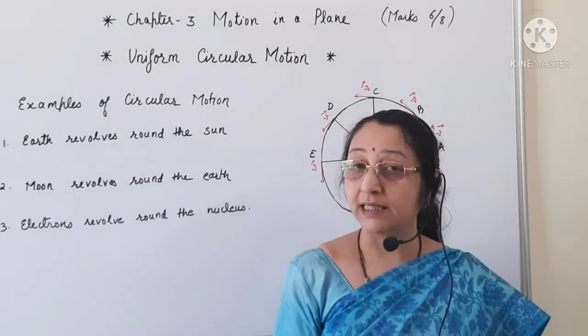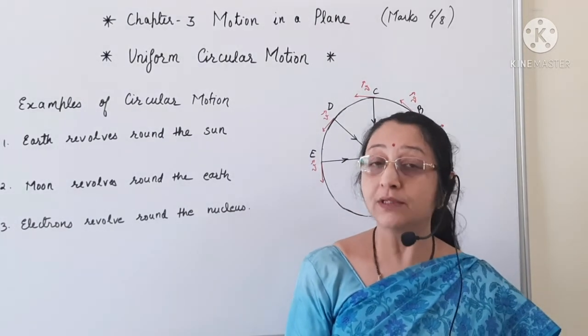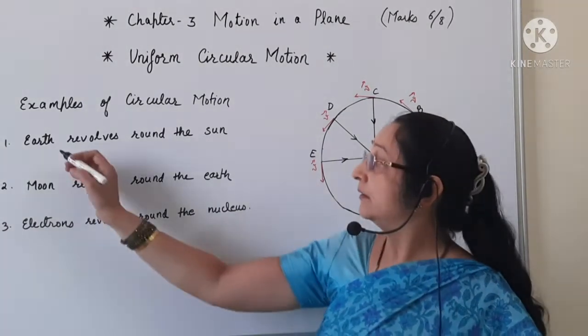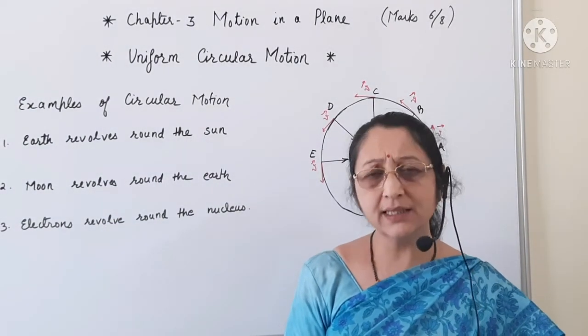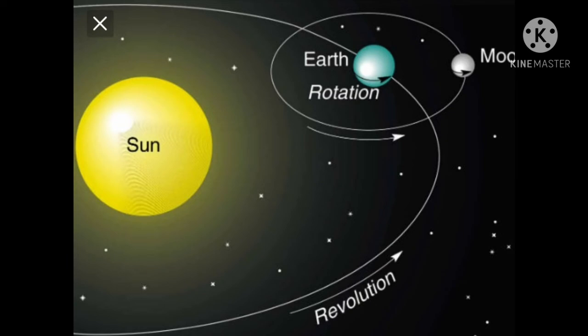So we will discuss examples of circular motion. The earth is revolving around the sun in a nearly circular orbit. We see in the photograph that the earth is revolving around the sun.